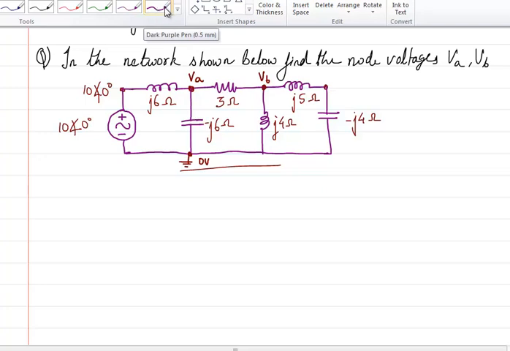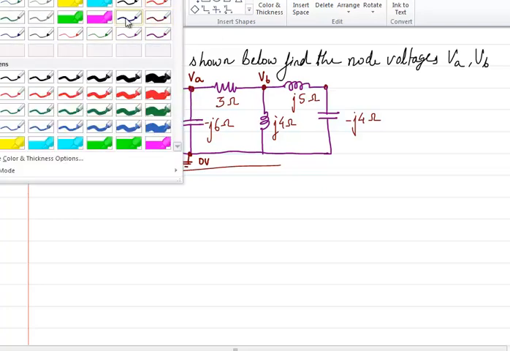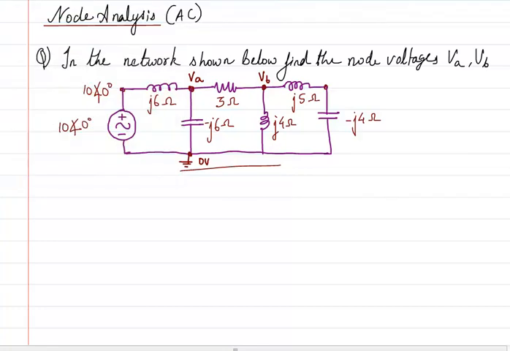Suppose let me take a different color. What I can do is combine these two together and put it like this. It's a single element, and I can take that element value to be, this is J5 and this is minus J4.